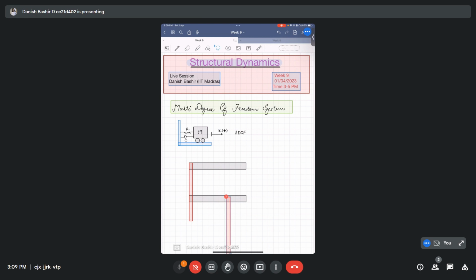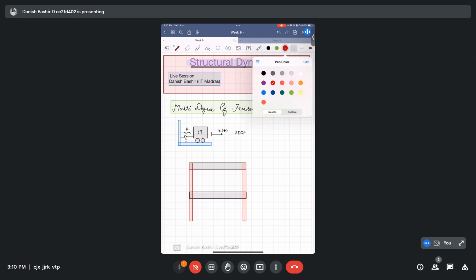The floors are of equal height, and both columns are fixed at the bottom.